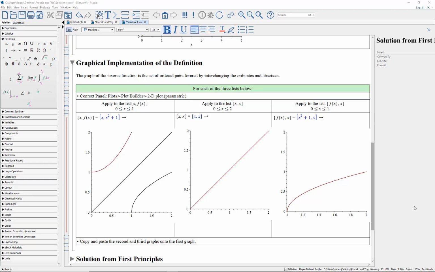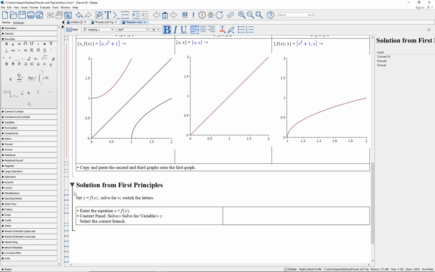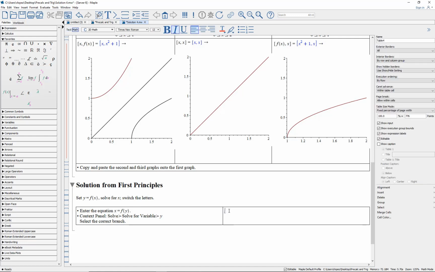Now finally, let's get a solution from first principles. Now, I always used to tell my students this mantra: set y equals f of x, solve for x, switch the letters. So what I'm going to do here in Maple is I'm going to switch the letters as I write the equation. Y equals f of x becomes x equals f of y.